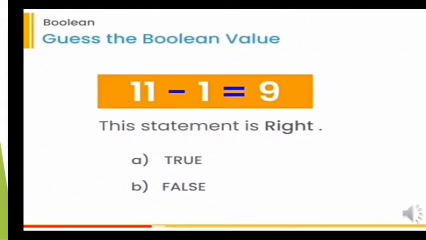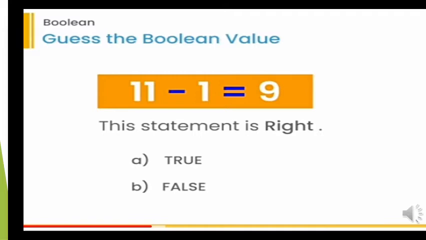Here we will go to another example, that is 11 minus 1 equals to 9. Here it is given that this statement is right. So we will check the mathematical statement first. What is 11 minus 1? Let's calculate first. 11 minus 1 equals to 10. But they have given us 9. So the given mathematical statement is wrong. But they are saying it is the right one. So what is the Boolean value? Actually it is false.